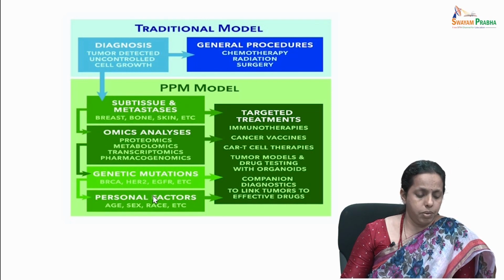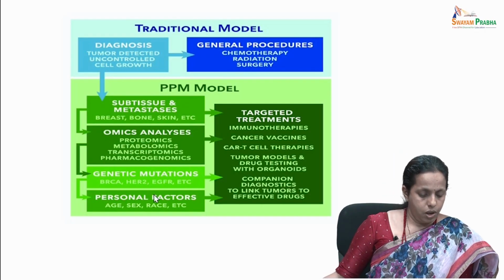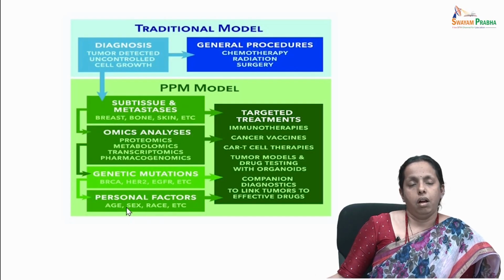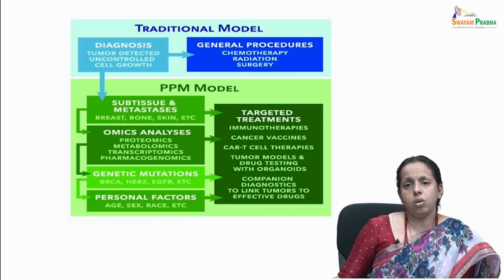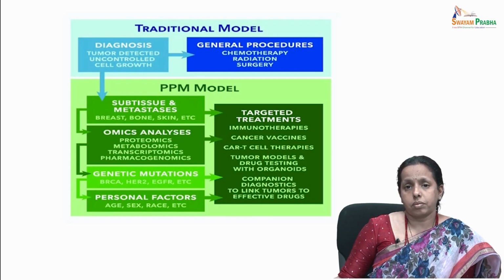Then the genetic mutations, like BRCA, HER2, and EGFR, and personal factors such as environmental risk factors also play an important role in your personalized precision model.